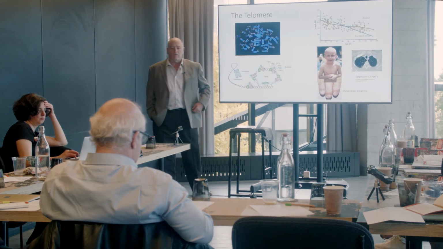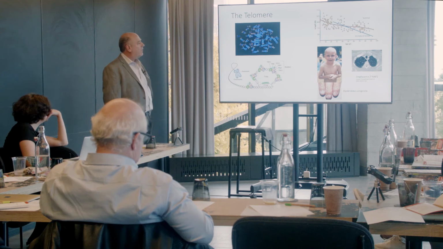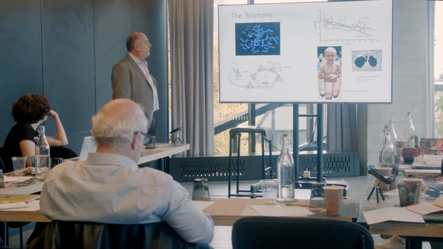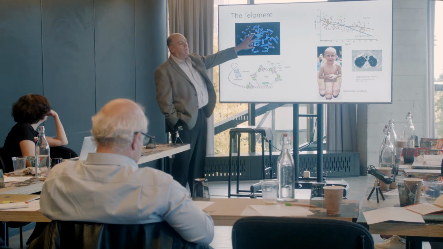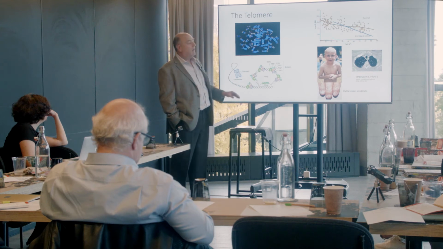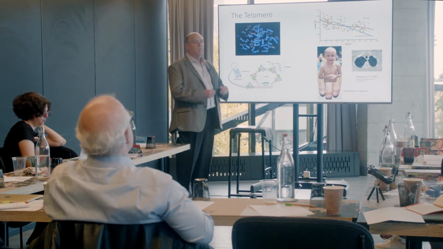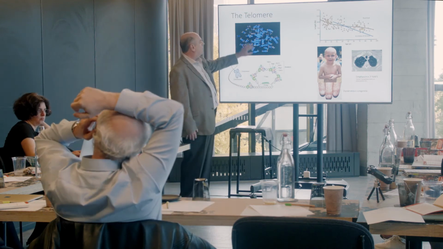Okay, so some of the initial application of the work we did concerns the telomere. As you can see, this is a karyotype, so this is an image of 46 human chromosomes. This is what they look like in mitosis. They don't look like this most of the time, but when the cell's getting ready to divide, they look like this.